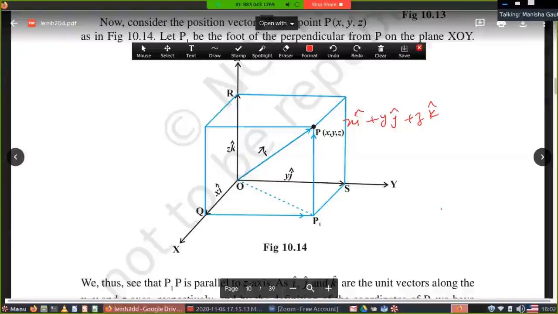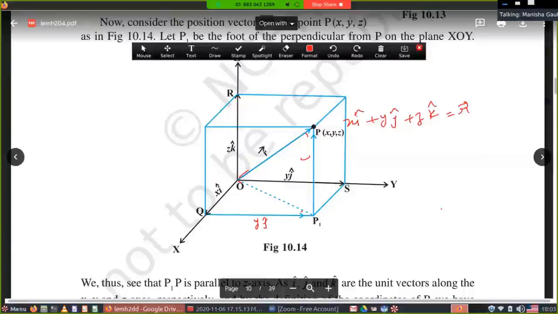And this point P, when I write it in the vector form, is equal to xi plus yj plus zk, that is the R vector. You can see here xi, and if this is yj, then this will be yj. I get OP1, that is xi plus yj, and if I solve this triangle, then I will get OP, that is xi plus yj plus zk, equal to the R vector.